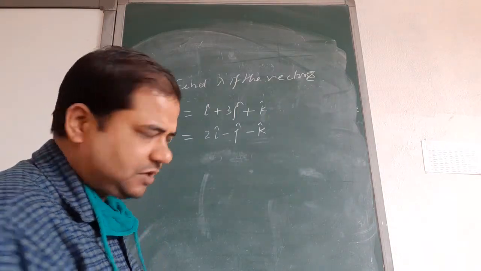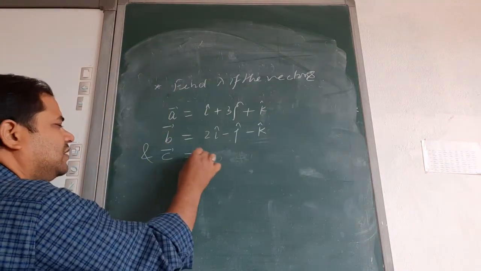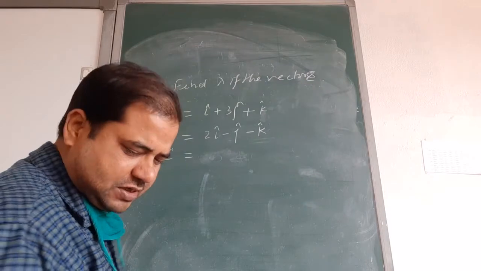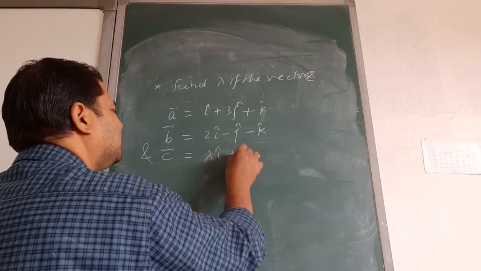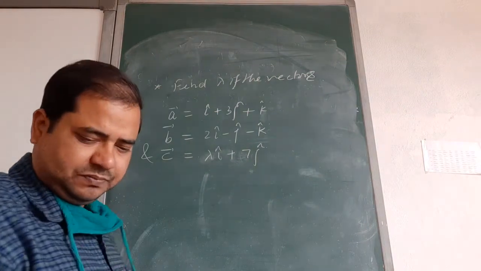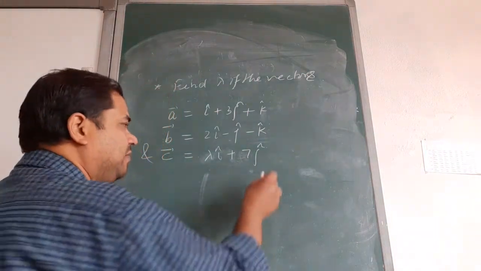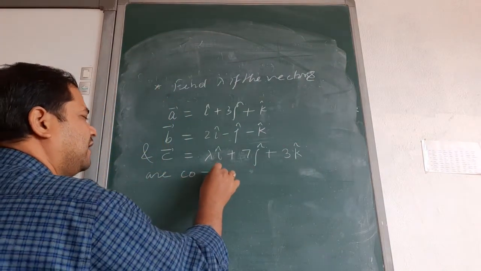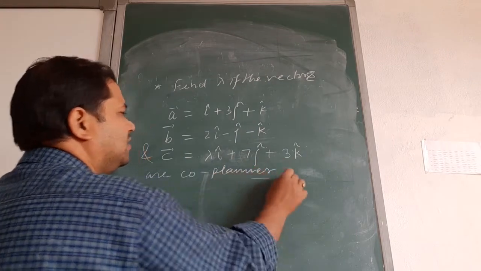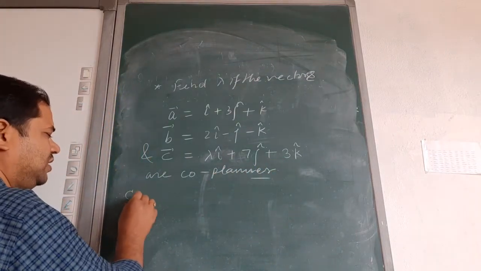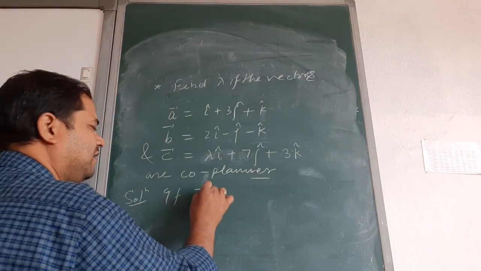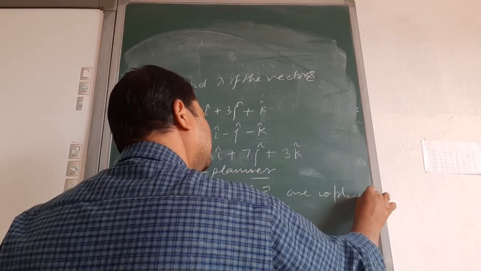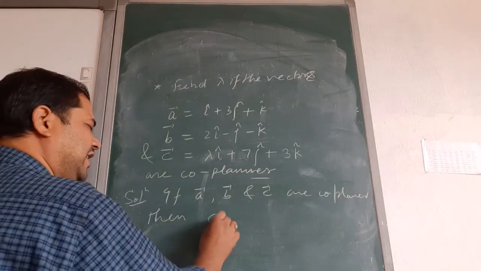Okay, and C is equal to lambda I cap plus 7j cap plus 3k cap are coplanar. The same question.